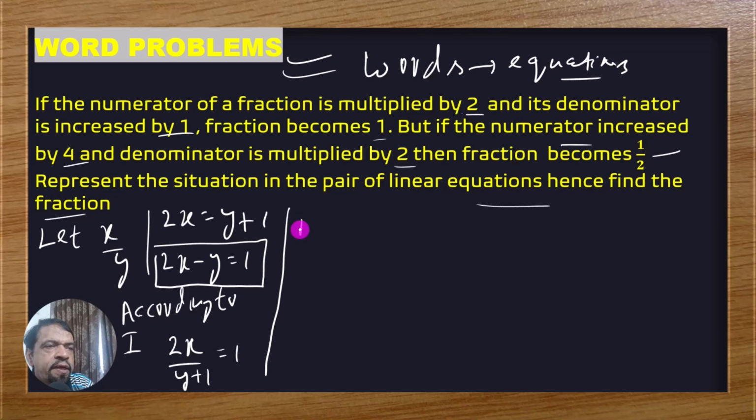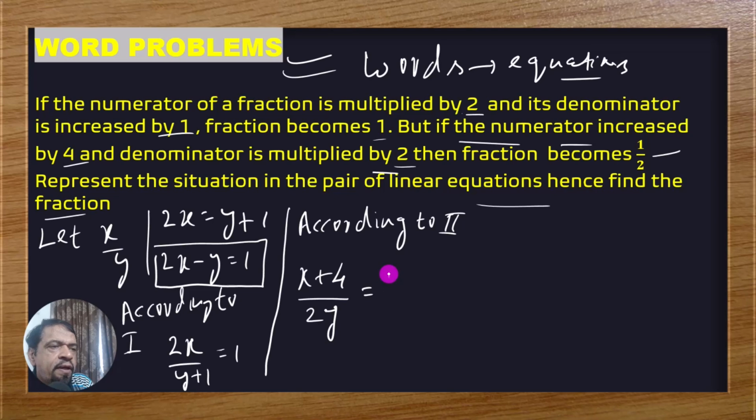Now according to the second condition, if the numerator increases by 4 and the denominator is multiplied by 2, then the fraction becomes 1 upon 2.